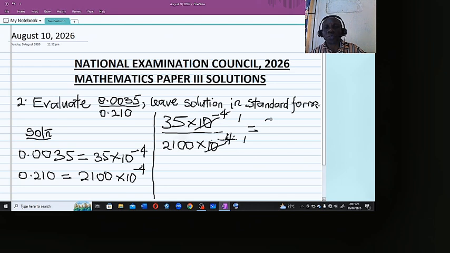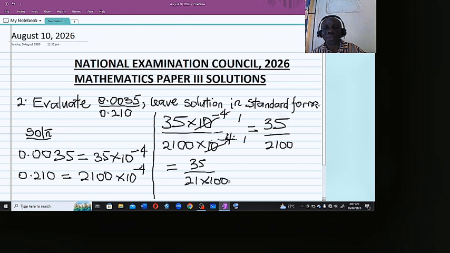This is 35 divided by 2100. Okay, take note. I can still break this down. 2100 can be written as 21 multiplied by 100.